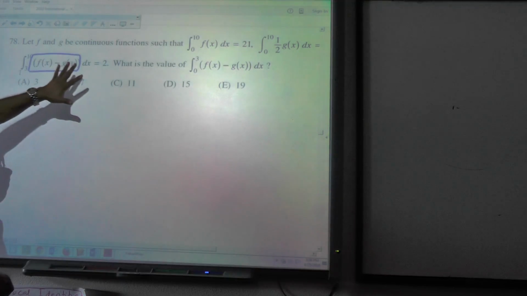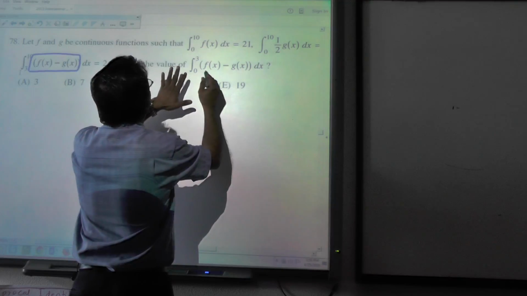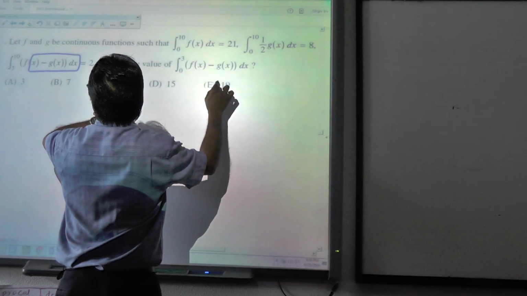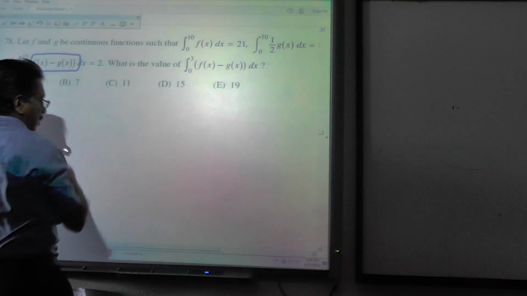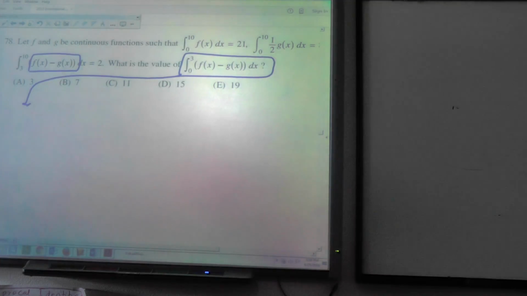Okay, this fx minus gx. So what I'm going to do is, what is the value of this? So let's take this part here. I'll start it right here.